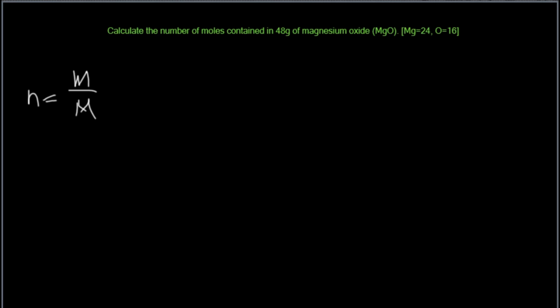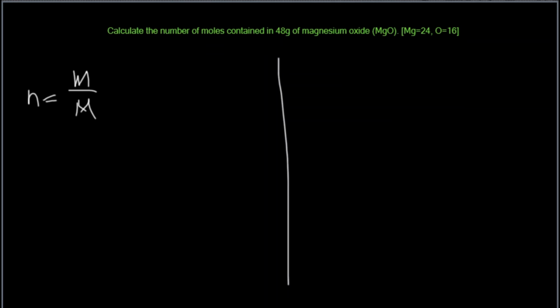Okay, so let's solve this question. So the question is calculate the number of moles contained in 48 grams of magnesium oxide. Magnesium oxide is MgO.